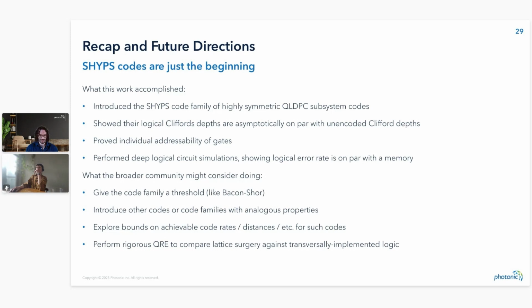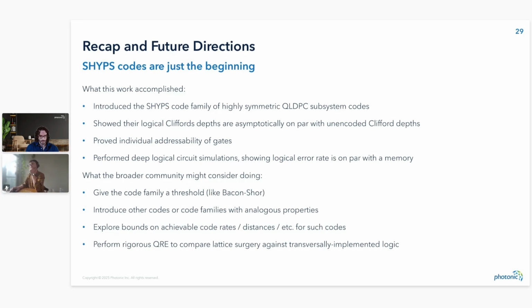Our expectation is that they probably do not, for the same reasons that the Bacon-Shor code just doesn't have a threshold out of the box. What is interesting, though, is that there's this recent paper about how to give the Bacon-Shor code a threshold. And so one might very much wonder whether you can do the same thing with these codes. So that's an interesting thought.